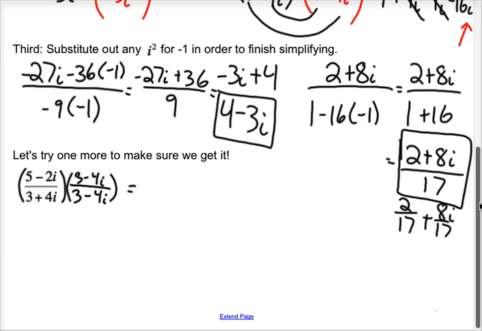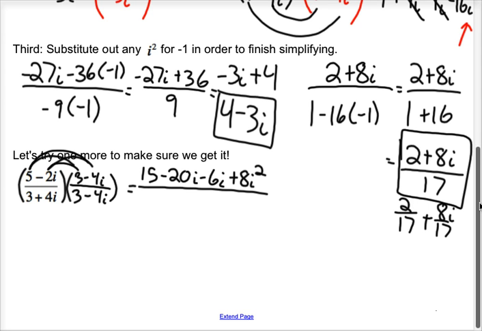Now, when you foil on top, 5 times 3 is 15. 5 times negative 4i is a minus 20i. Negative 2i times 3 is a minus 6i. Negative 2i times negative 4i is a positive 8i squared.